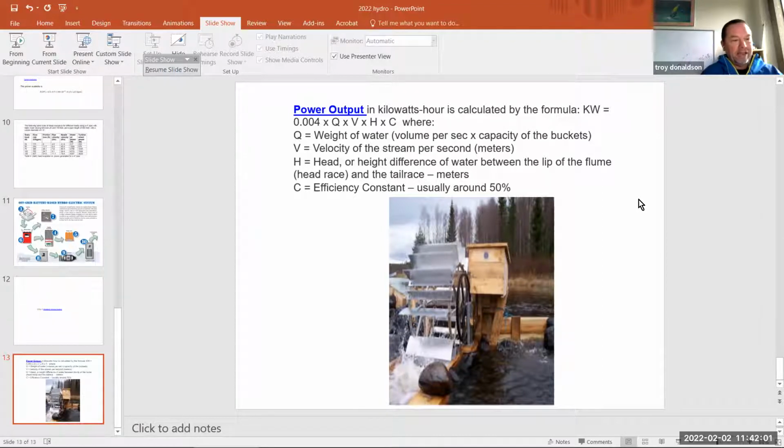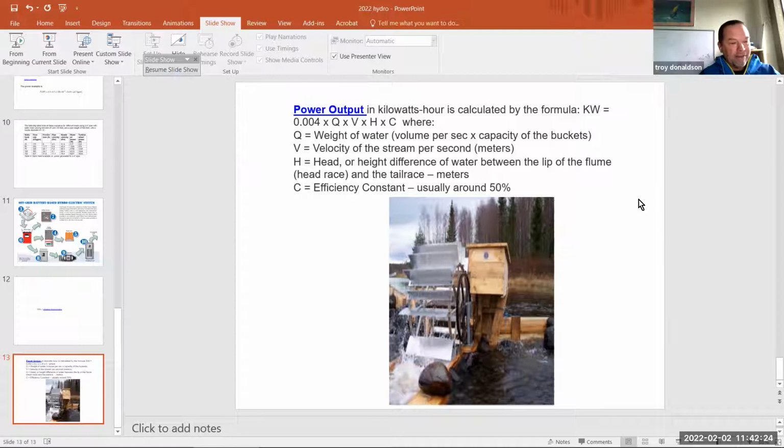One more way to calculate power output from hydro. This one is in kilowatt hours calculated by this formula, Q, V, H, and C. So Q being the weight of the water, and it needs to be in volume per second capacity. So that's a little different than gallons per minute, right? Then there's the velocity of the stream. So they want that in meters per second.